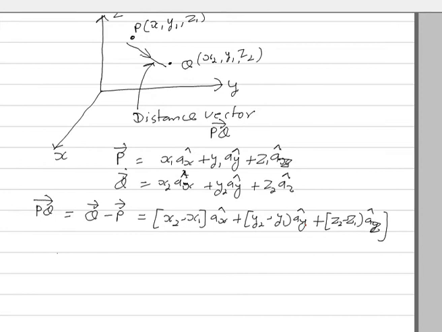We can give another name, like separation vector. Distance vector is called the separation vector. Now if you want to determine the magnitude of the separation vector or distance vector, then write the expression for the magnitude of the distance vector.